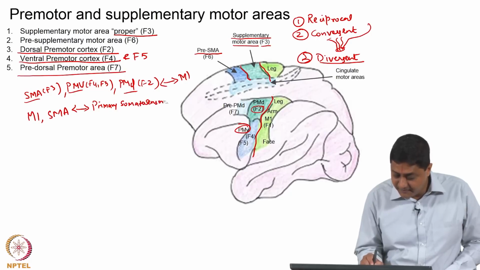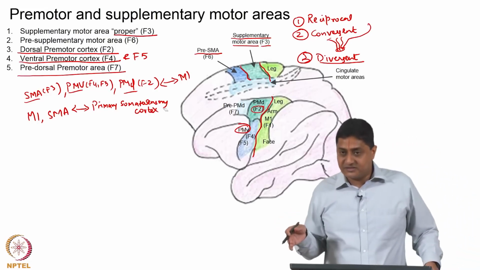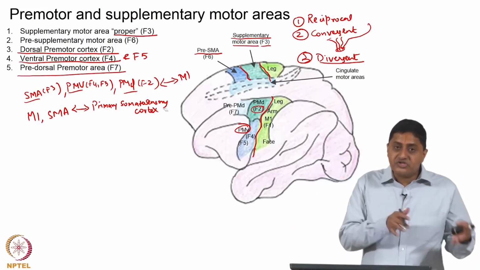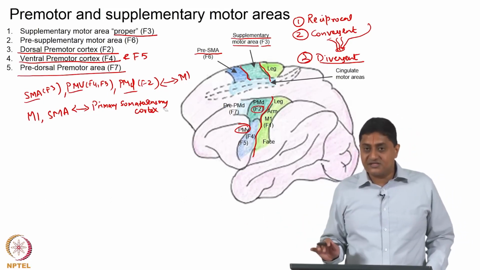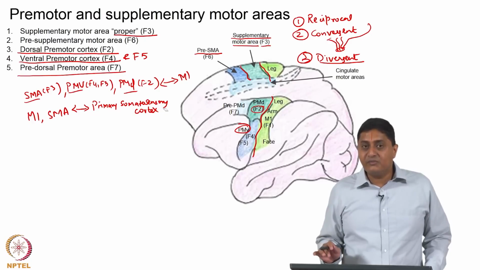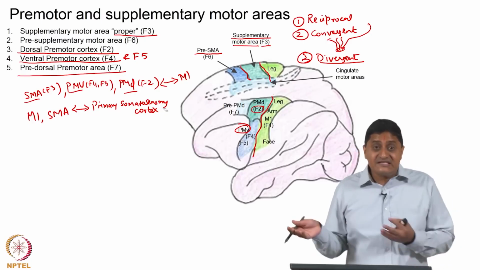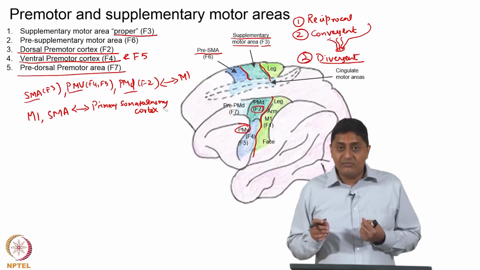This is the area that is caudal to the central sulcus. The area that is rostral to the central sulcus is the primary motor cortex. The area that is caudal to the central sulcus is the primary somatosensory cortex. So, they receive inputs from the somatosensory cortex. What could that mean?